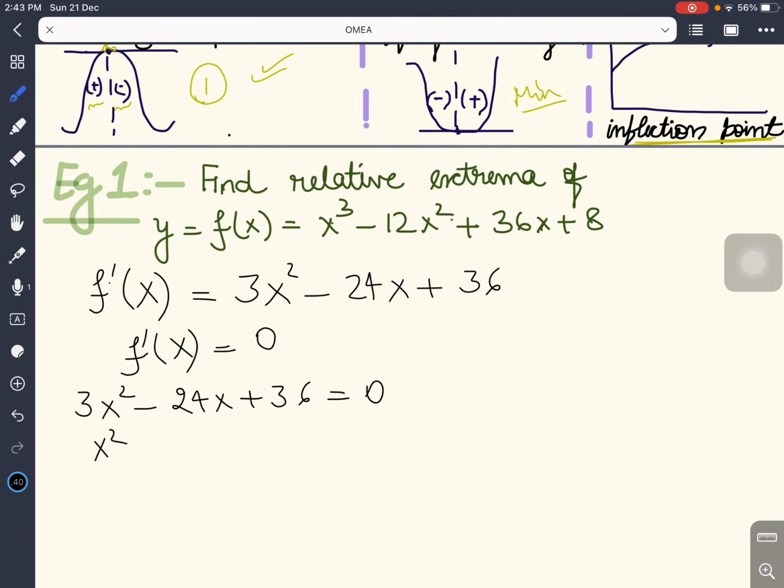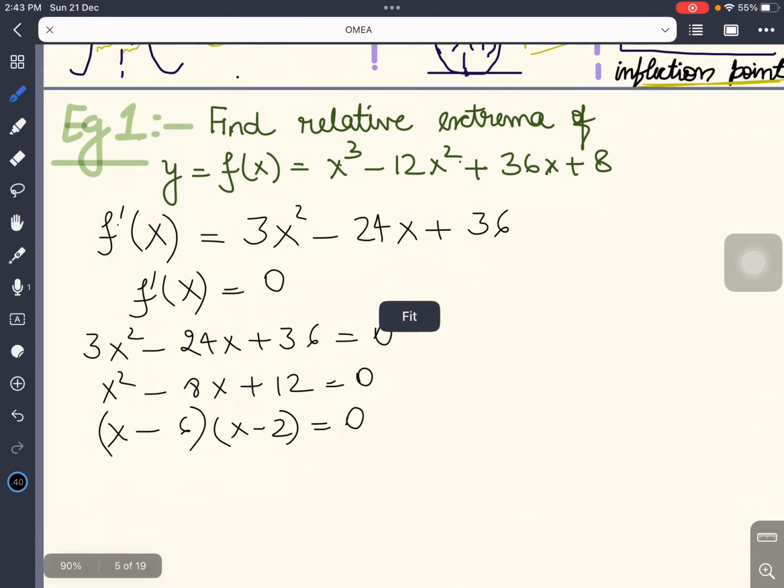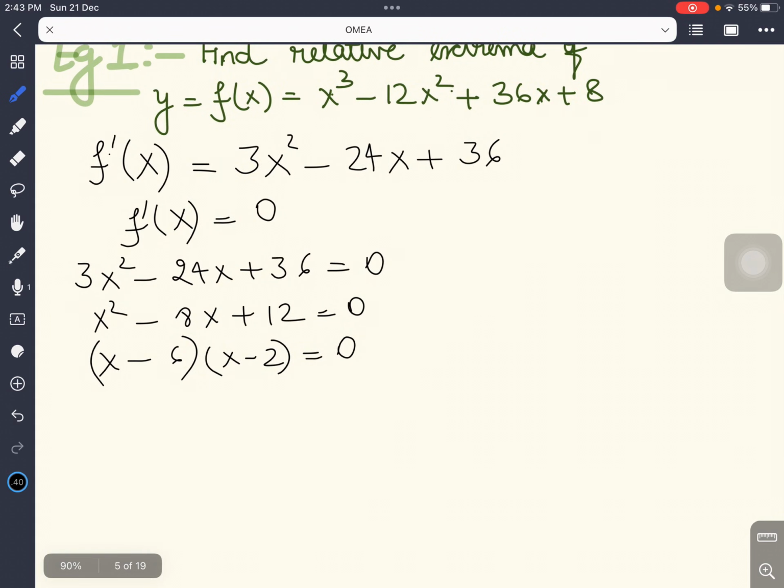So this is x square minus 8x plus 12 equal to 0, which gives us (x minus 6)(x minus 2) equal to 0. So the two critical points, or solutions, that we are getting are x is equal to 6 and x is equal to 2.